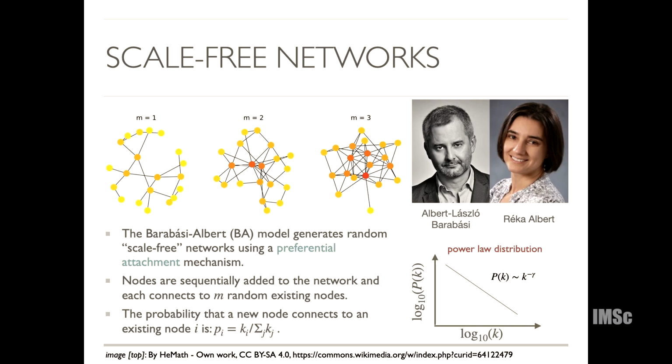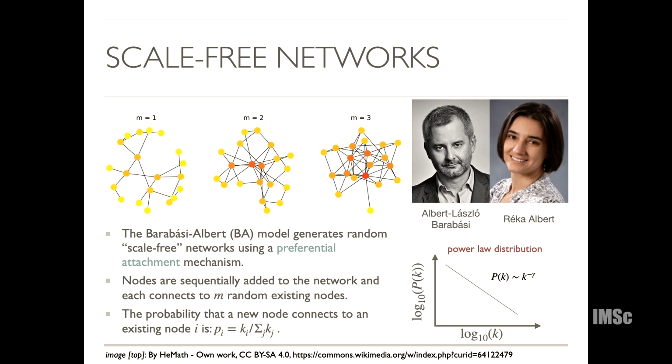Here along the x and y axes, I've shown log of p of k versus log of k, and it will follow roughly a straight line with some slope. So basically, it will follow k to the power minus gamma, where gamma is the exponent.